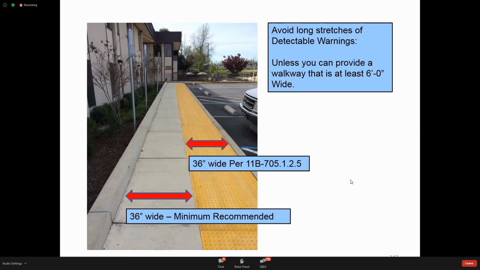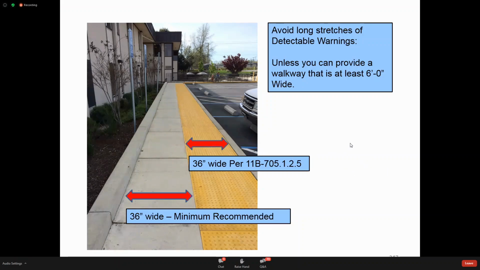Last thing I wanted to cover, once in a while you run into this, the long stretch of detectable warnings. If you do that, be sure to provide a 36-inch aisle on the far side of it so that the wheelchair user doesn't have to.